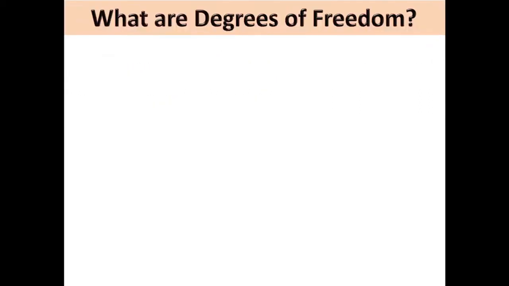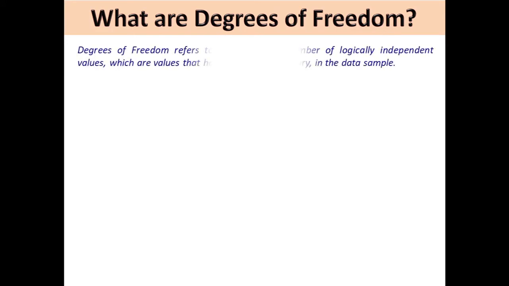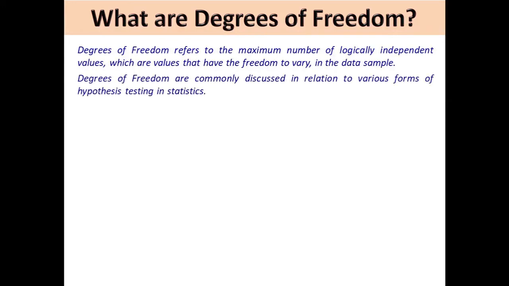Degree of freedom. Degree of freedom refers to the maximum number of logically independent values, which are values that have the freedom to vary in the data sample. Degrees of freedom are commonly discussed in relation to various forms of hypothesis testing in statistics.